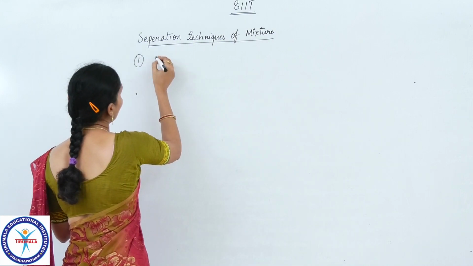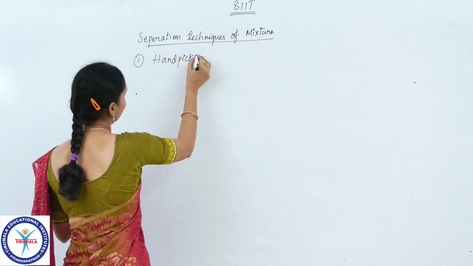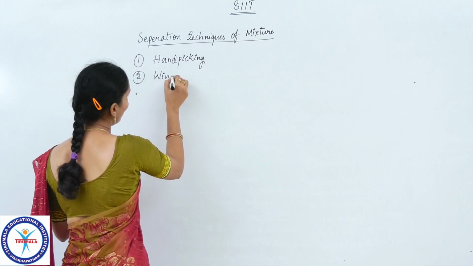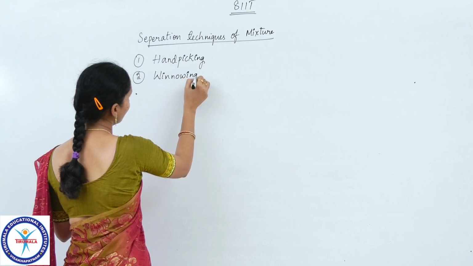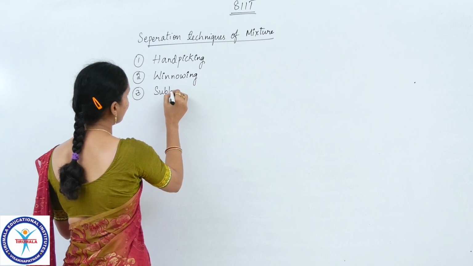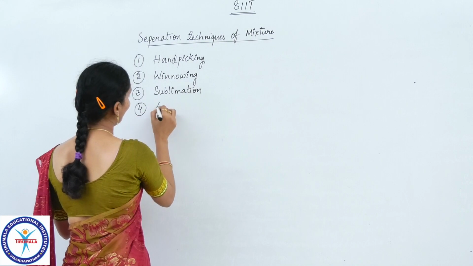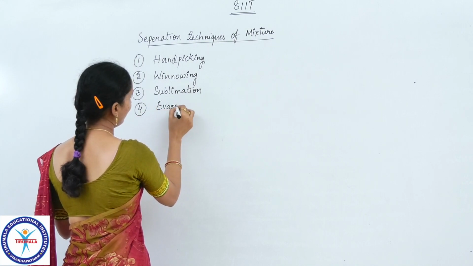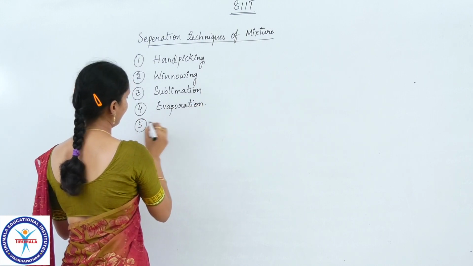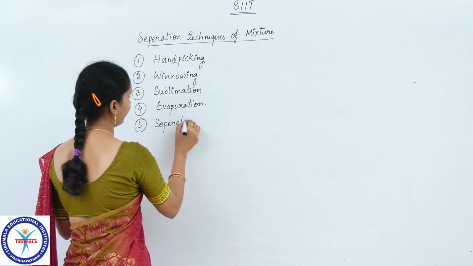First one is hand picking. Second one is winnowing. Third one is sublimation. Fourth one is evaporation. Fifth one is separating funnel technique.